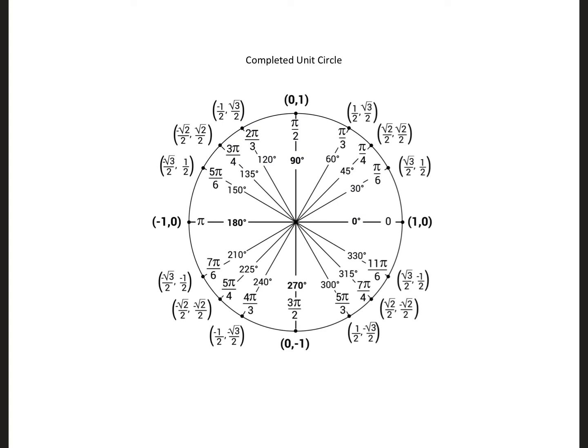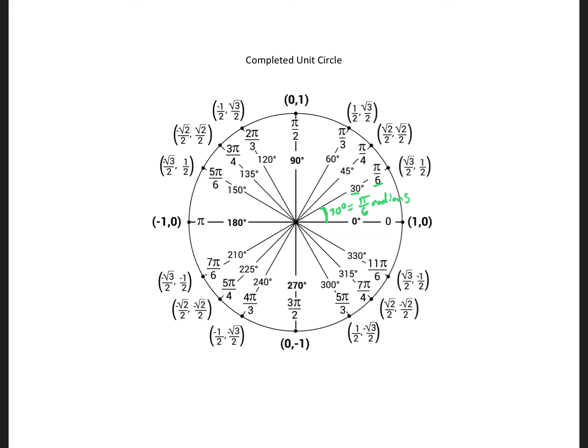The result will be this unit circle. This completed unit circle is available for download directly underneath this video. You're going to want to have that unit circle so that you can reference it. But the idea is that when you see this 30 degrees and this pi over 6, that is referring to this angle measure. 30 degrees is the same thing as pi over 6 radians.